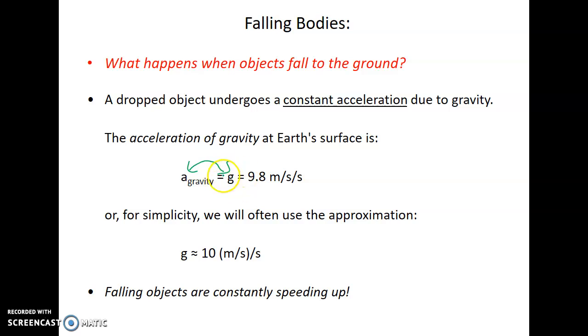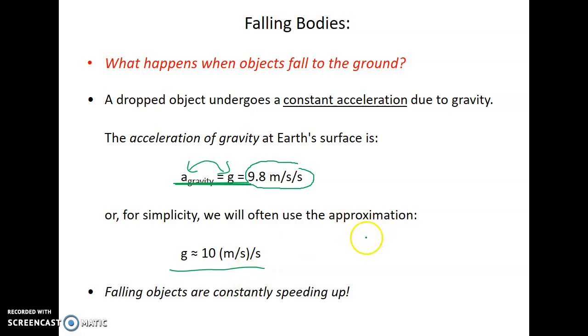But in this case, A and G are pretty much synonymous. So where you see A, I mean also G. Now the precise number is 9.8 meters per second squared. But for simplicity, we're often going to use the approximation that G is equal to 10 meters per second squared.